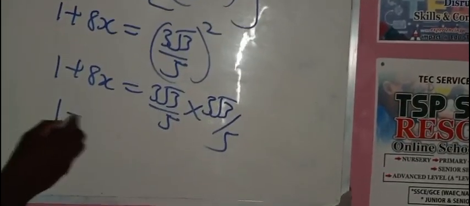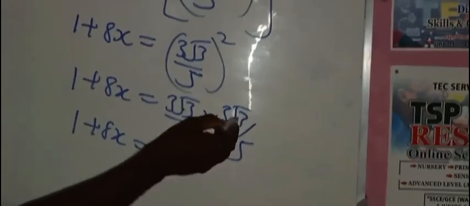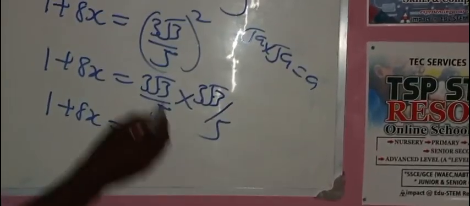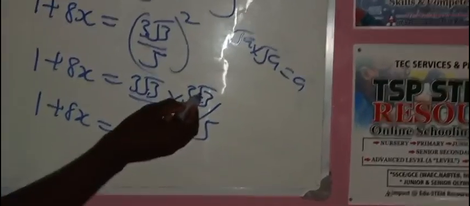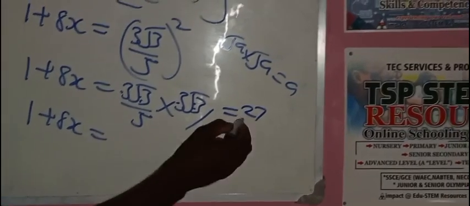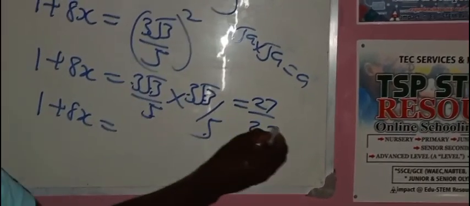This is 1 plus 8x equals, now, root 3 times root 3 is 3. Root a times root a is a. So 3 times 3 times 3, up here we have 27, over 5 times 5, which is 25.